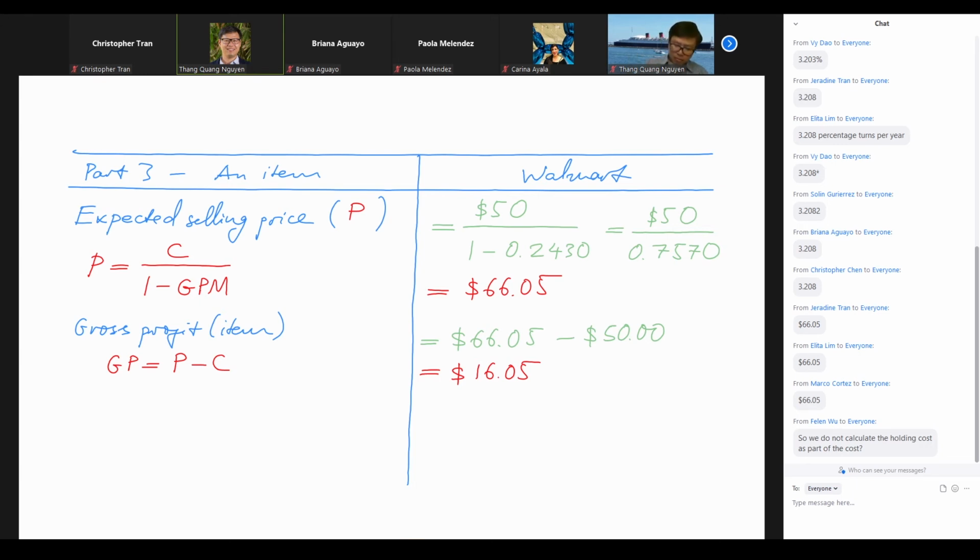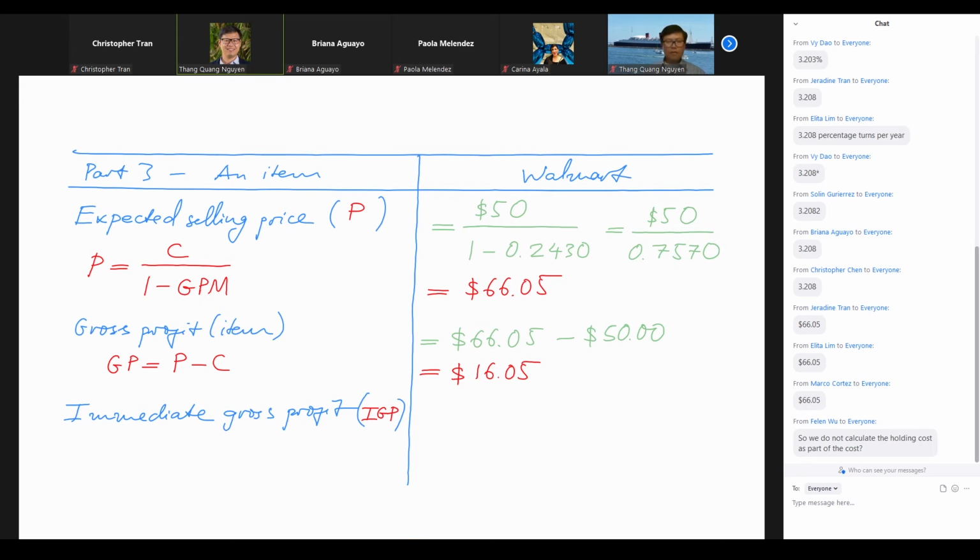So here is the last calculation of the table. We call that the immediate gross profit of the item, or IGP. I'm sorry, I'm not an accounting major, so I have to make up the name.